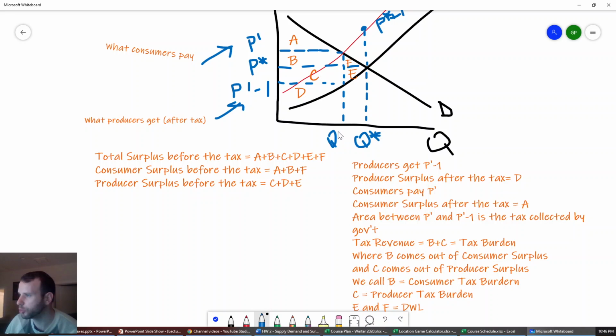So the number of people buying the good shifted from Q star to Q prime, meaning that there are fewer people buying the good. The people in E and F are getting neither producer surplus nor consumer surplus because they're not buying or selling the good. So they're not getting any profit per good for the producers, and they're not getting any willingness to pay minus price paid for the consumers. So E and F is deadweight loss.